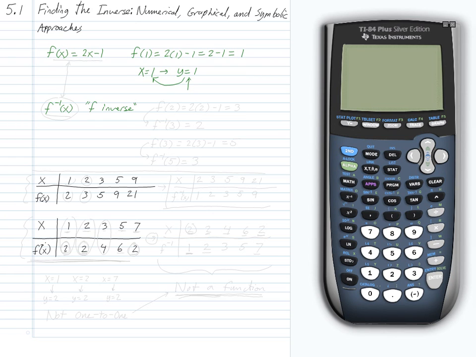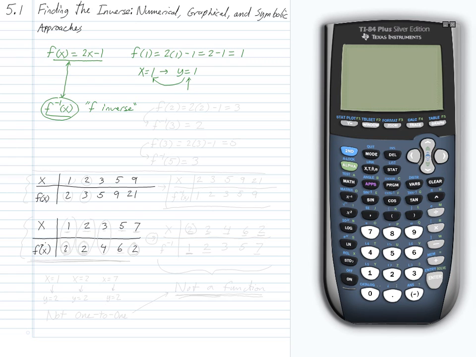Now the inverse function does not exist in a vacuum. This function f inverse would be related to this function f that we started with. Particularly, it is the function that undoes everything that the function f does.